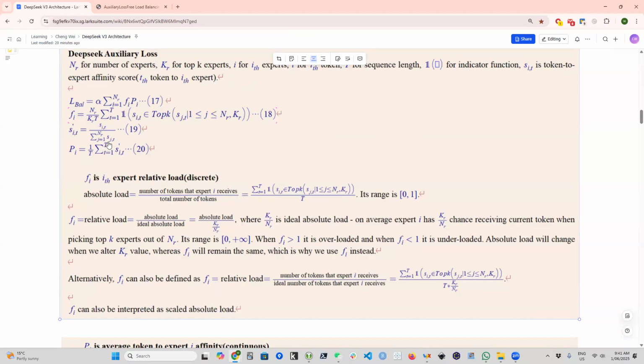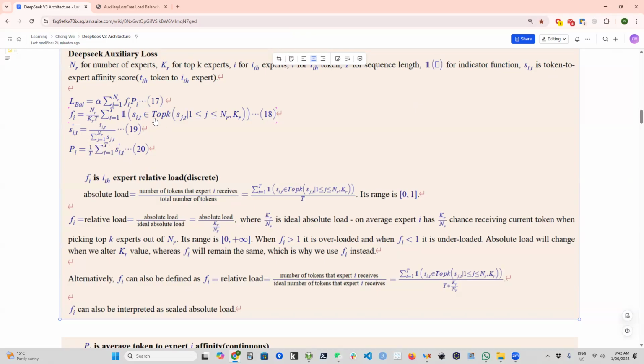So this is a continuous version of this top K. This is the probability score, the average token to expert affinity score, averaged over the whole sequence, right?